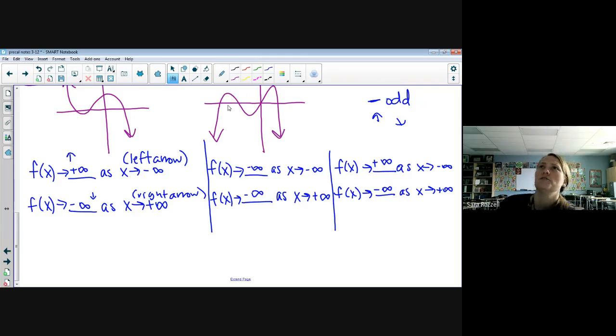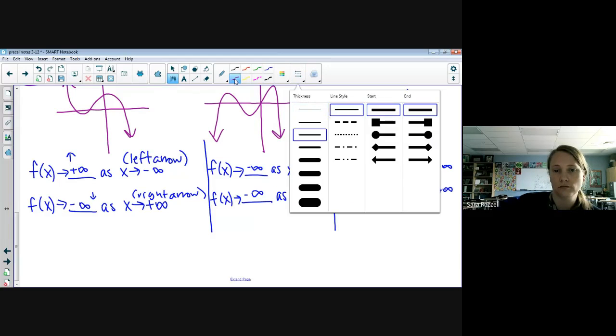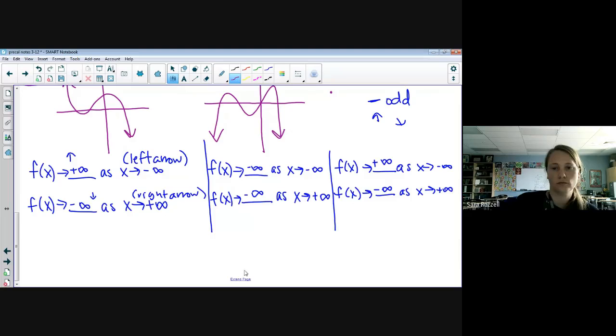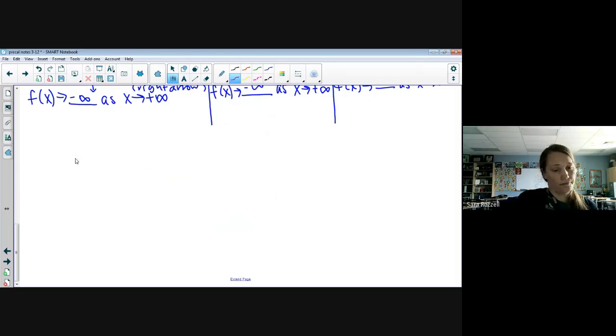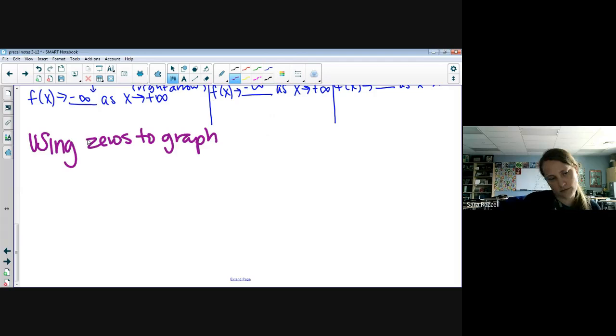All right, now we're going to find some zeros and some y-intercepts and sketch some graphs. I like this part the best in this section. So we're using zeros to graph. Zeros are just the x-intercepts.